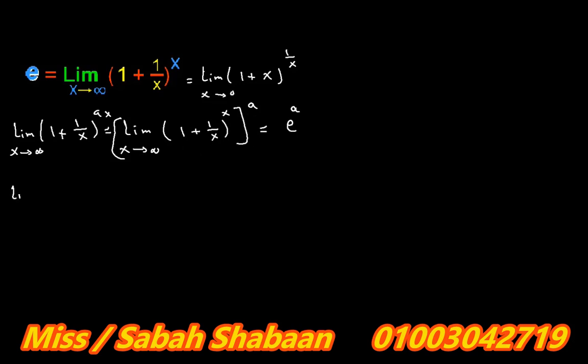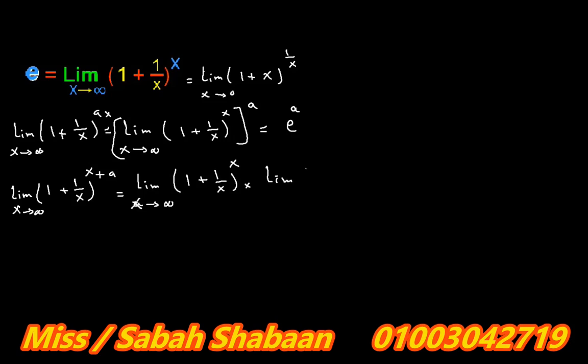The second: if we wanted to find the limit of (1 + 1/x)^(x + a) as x tends to infinity, we can write it as the limit of (1 + 1/x)^x times the limit of (1 + 1/x)^a.